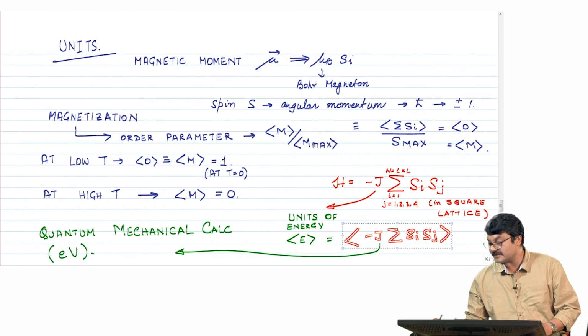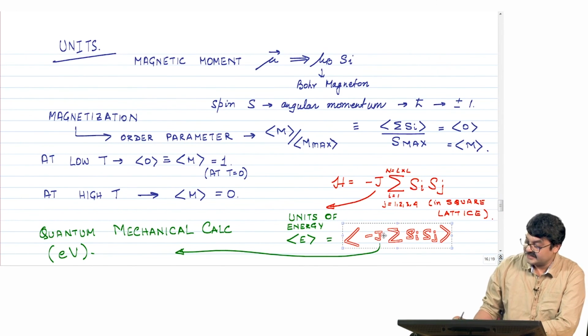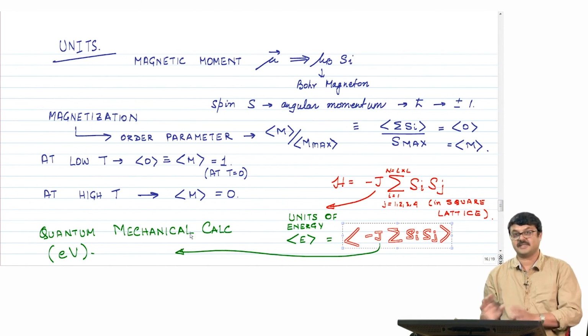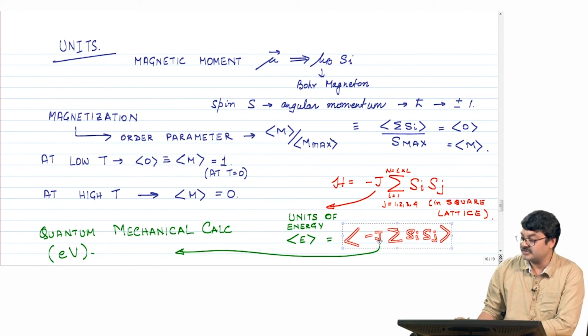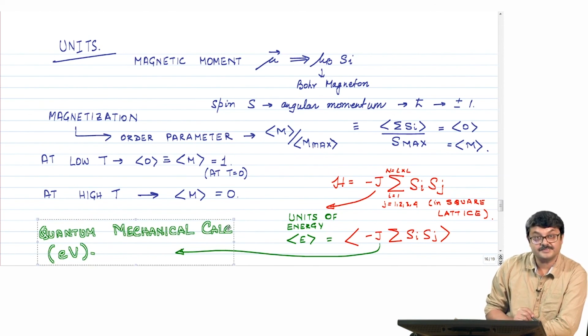Now, we have to also discuss the units of energy. You know that this quantity J, so Si and Sj, you call it plus 1 and minus 1. And if you want to calculate the average energy, then the units of energy are essentially sitting inside this minus J. This minus J has all the Bohr magneton, everything, and J we shall be using as a parameter, but the value of J for different systems, cobalt, nickel, iron, you can also get it using quantum mechanical calculations.